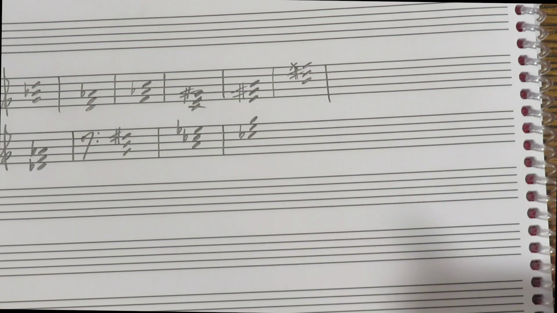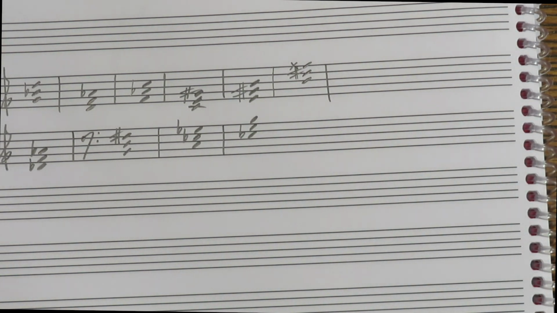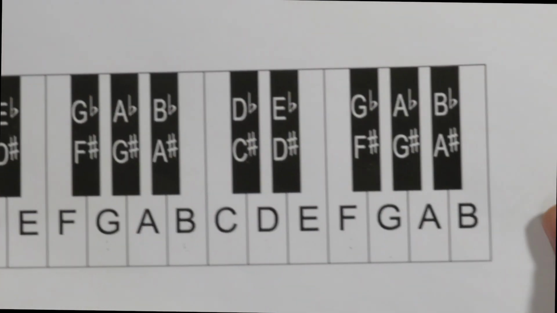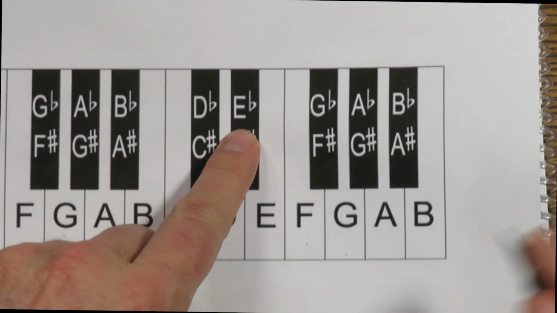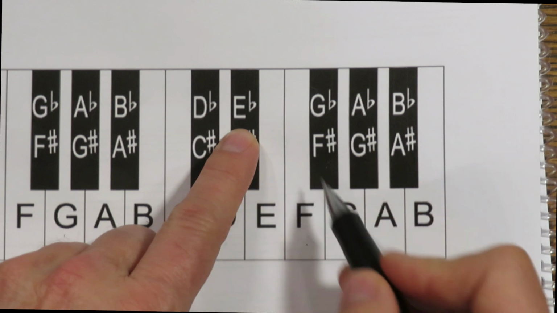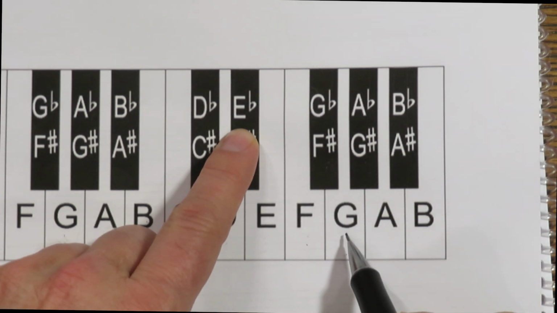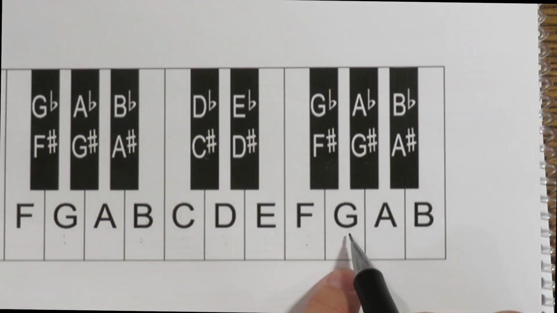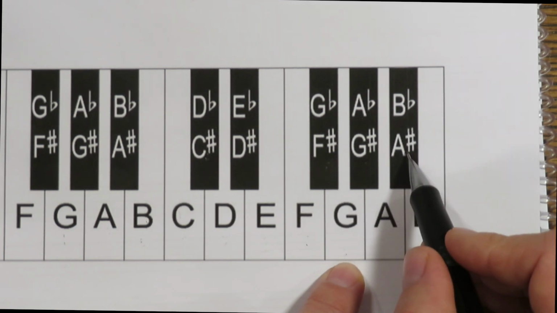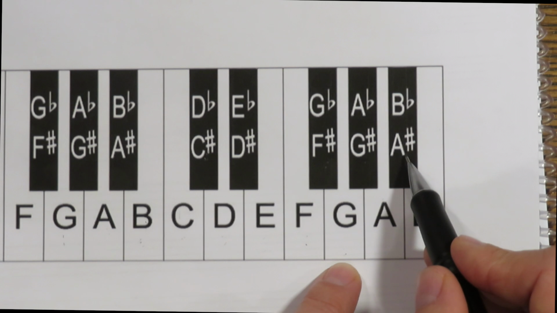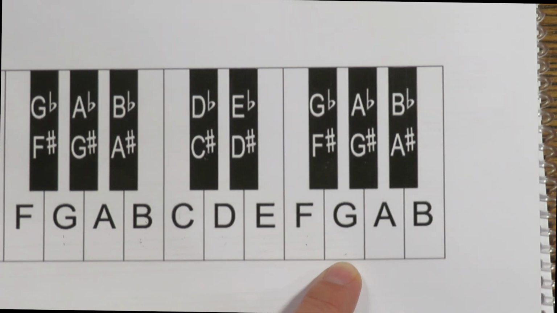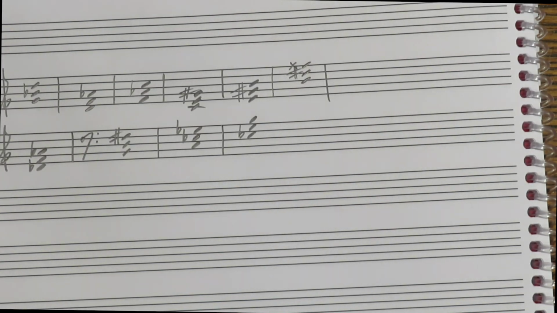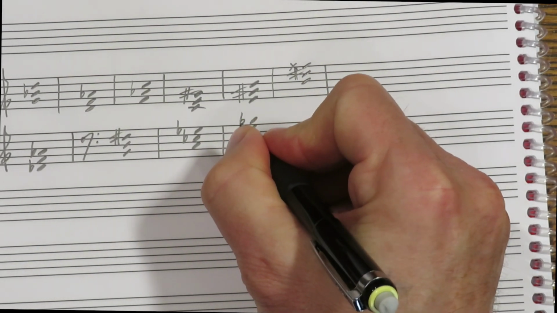E flat, G, B. E flat to G, whole step, we're good. That's a major third. Now we want a minor third on top of that, so G to B flat. 1, 2, 3 half steps. Okay. E flat, G, B flat.